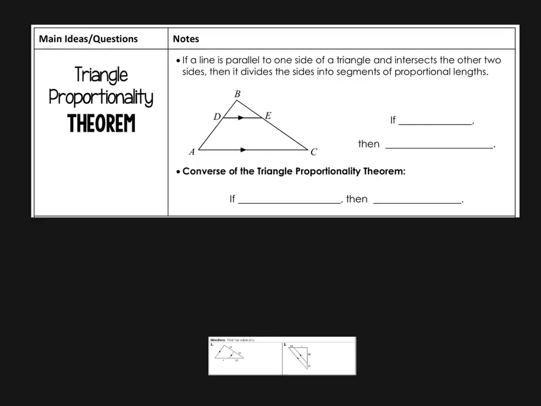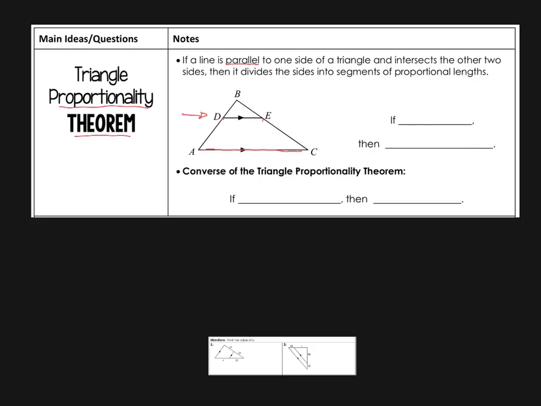All right, in this video, obviously, we're going to be talking about the triangle proportionality theorem. It states that if a line is parallel to one side of a triangle and intersects the other two sides, they're talking about segment DE, that's parallel to segment AC, and it intersects these sides right at these 2 points.